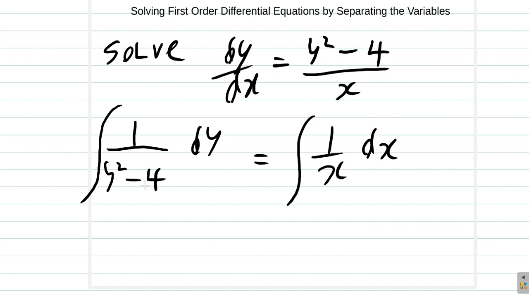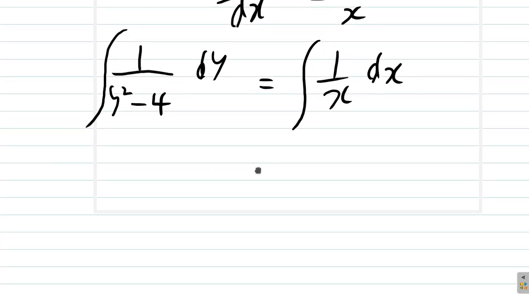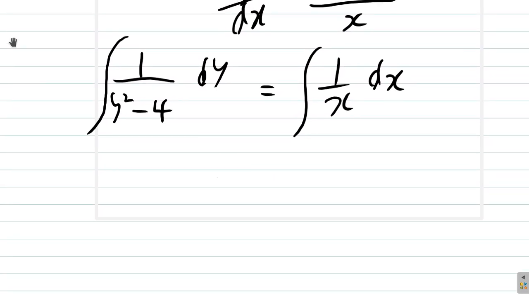Alright, so what we have here is the integral of 1 over y squared minus 4 dy. How do we deal with this? From thinking about it, let us try integration by partial fractions.